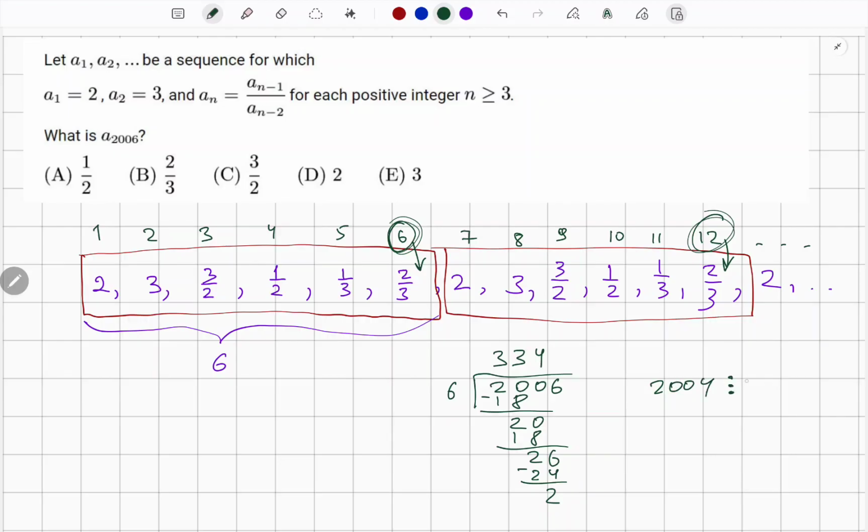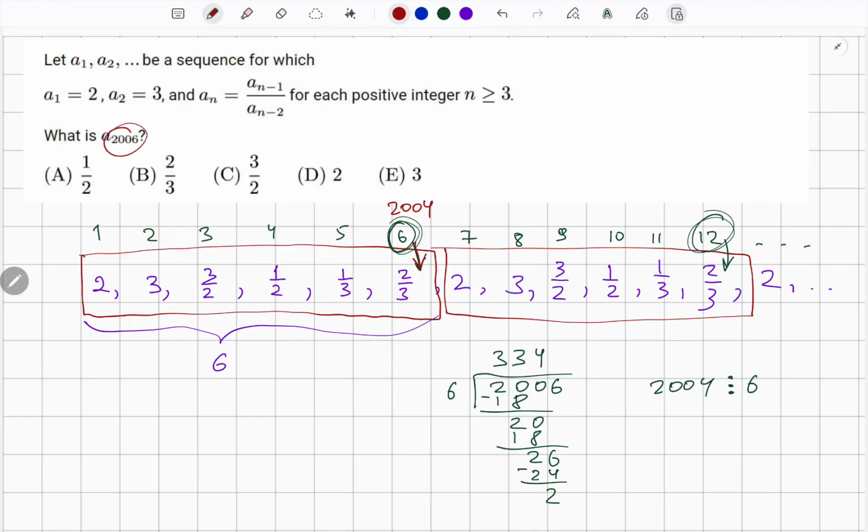We usually use 3 dots to represent the fact that something is divisible by something. So 2004 is divisible by 6 with no remainder. So the term whose order number is 2004 is 2/3.